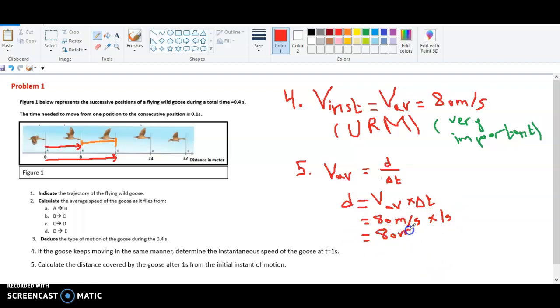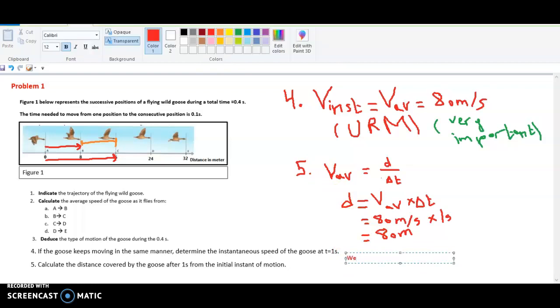And also a very important note here, we calculate the distance covered by using the average speed rule only in URM.